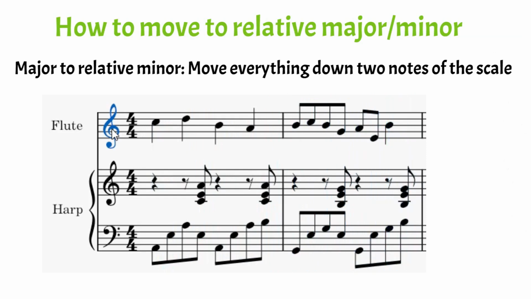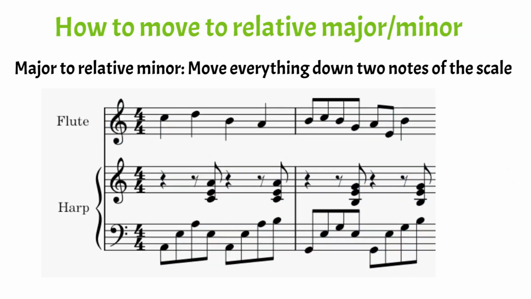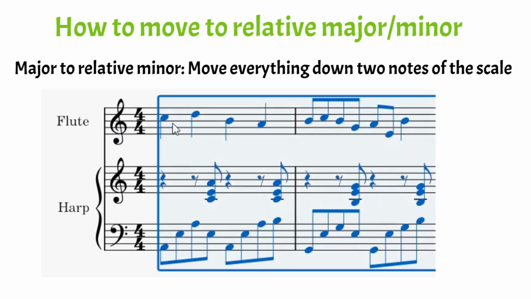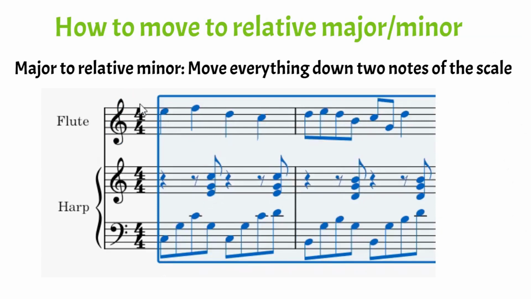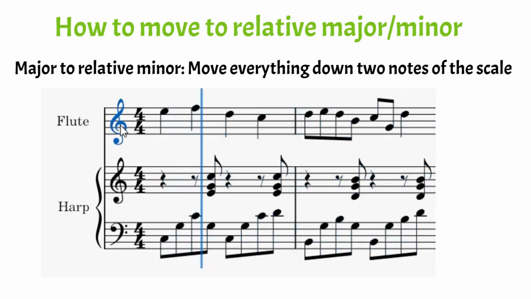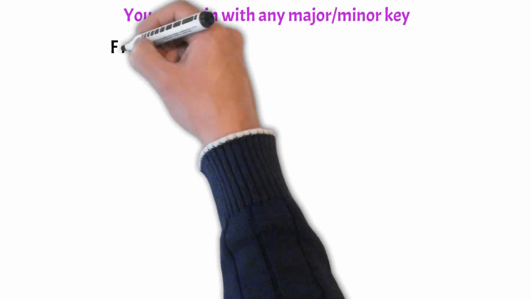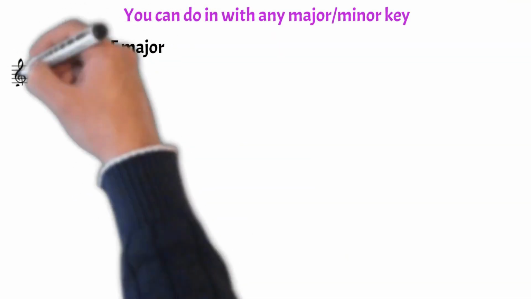Then to do the opposite, from minor to major, you simply drag the whole piece 2 notes up. This is something you can do with every major and minor key.